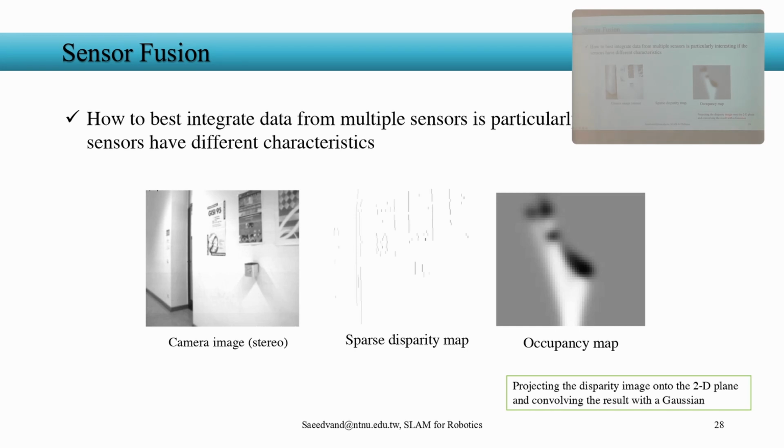I've written that projecting the disparity image into a 2D plane and convolving the result with a Gaussian over here. I forgot to mention that this also comes from applying a Gaussian on the grid map. After discretizing the environment, not only can we apply the probability form, we can also apply a Gaussian on the distribution, so that the probability that is increasing over here can be affected by the other cells.